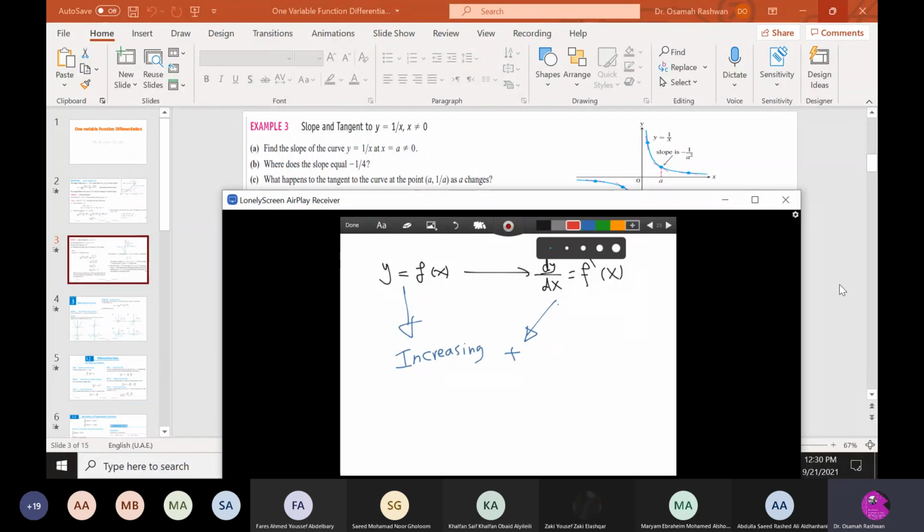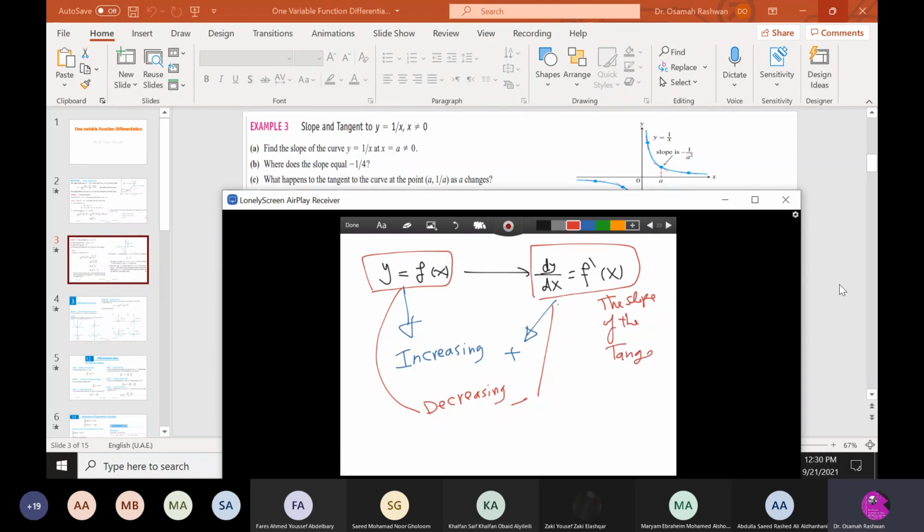But if dy by dx is negative, f of x is decreasing. This is the link between the function and the derivative of the function, because the derivative of the function is the slope of the tangent. This is the geometrical meaning of the first derivative, right?